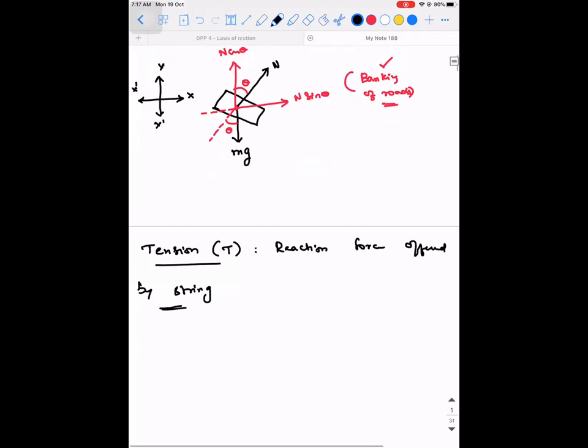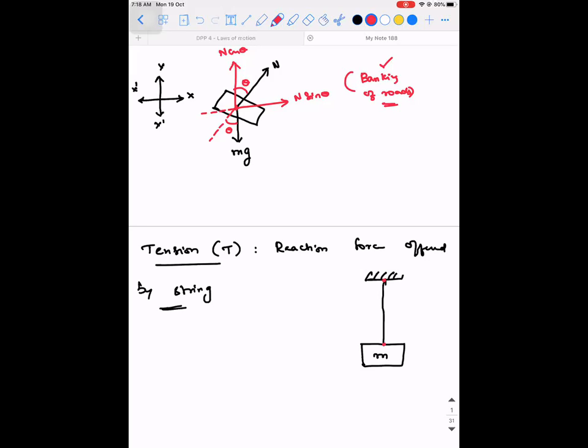Right? So now observe. When you have a string holding a mass m at its bottom, the string is tied. One of the ends is fixed to a ceiling and at the other end, the block is hanging. Now tell me, how will the tension act on this?